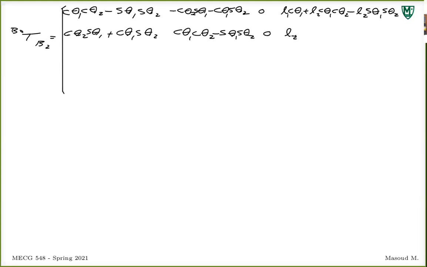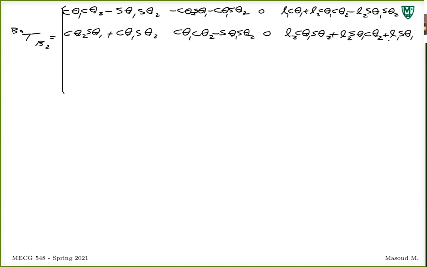Then we have L2 cosine theta 1 sine theta 2 plus L2 sine theta 1 cosine theta 2 plus L1 sine theta 1. I'll check the last one.